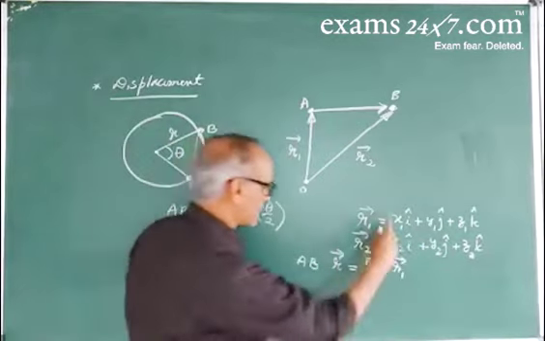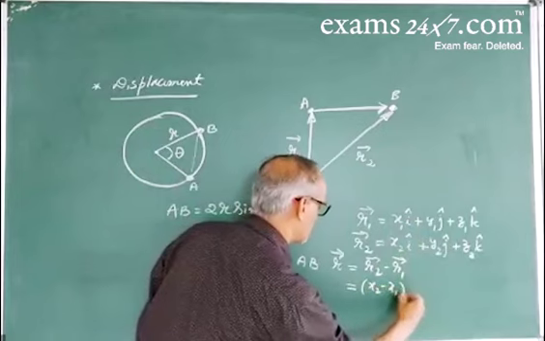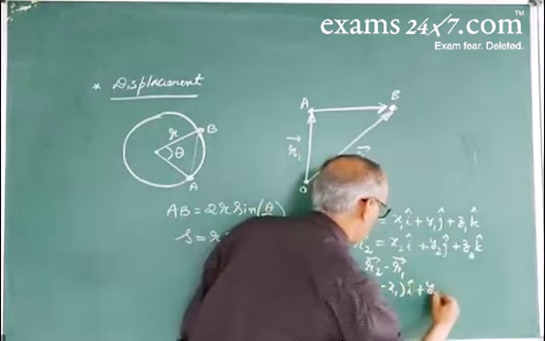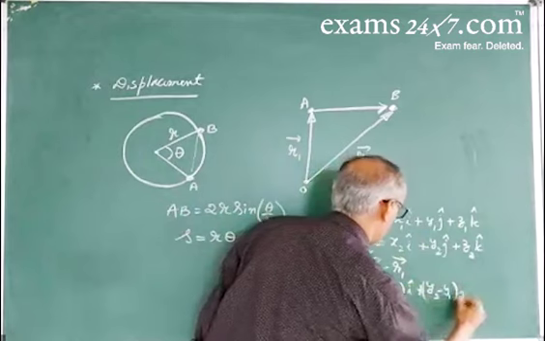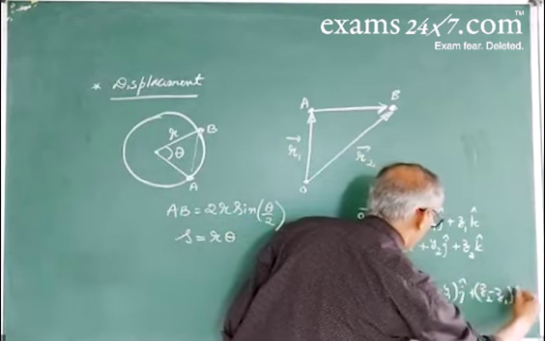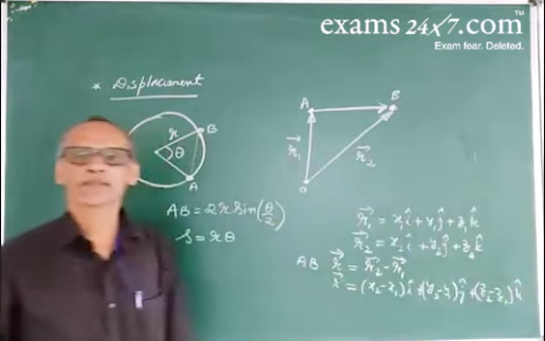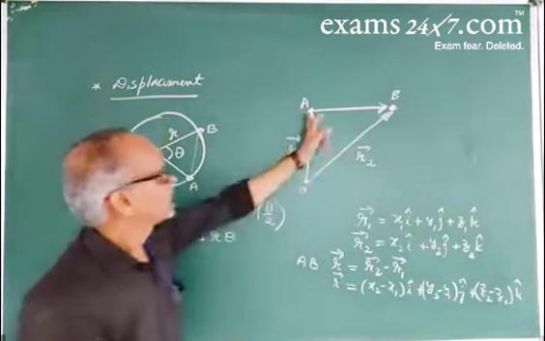And that r2 minus r1 gives x2 minus x1 i cap plus y2 minus y1 j cap plus z2 minus z1 into k cap. So that's the displacement vector. That's A to B.